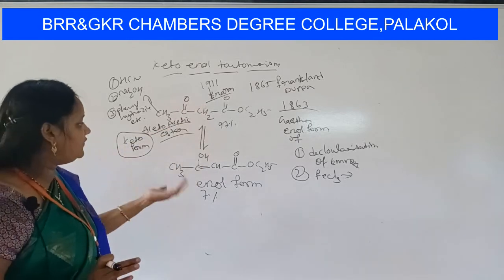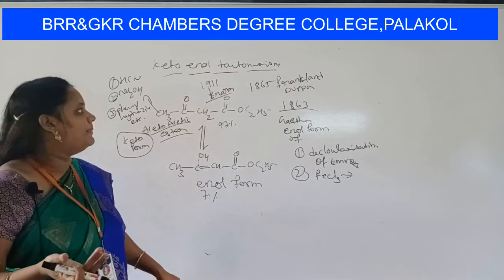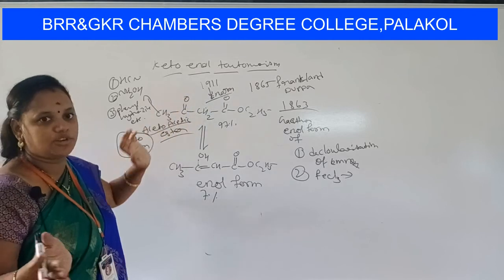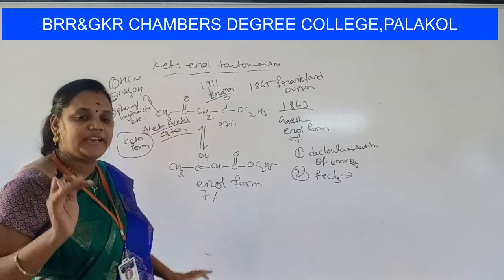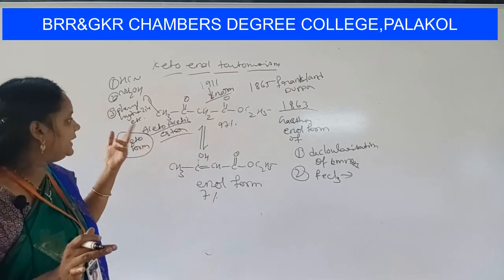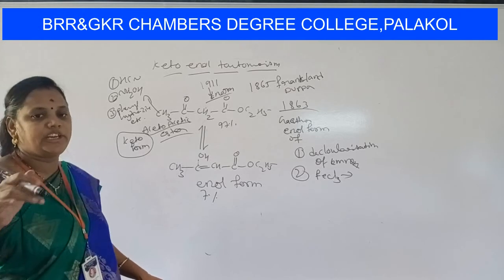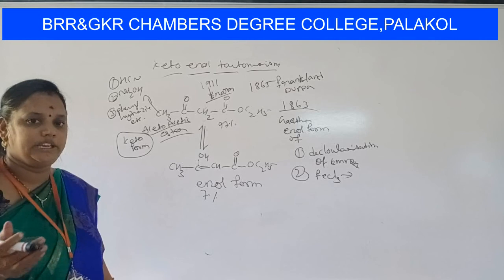They also confirmed it by doing deuterium exchange, by placing a deuterium atom here, so the deuterium atom gets exchanged. By deuterium exchange also, Knorr finally confirmed that active methylene compounds exhibit keto-enol tautomerism, and they have two forms, keto form and enol form.